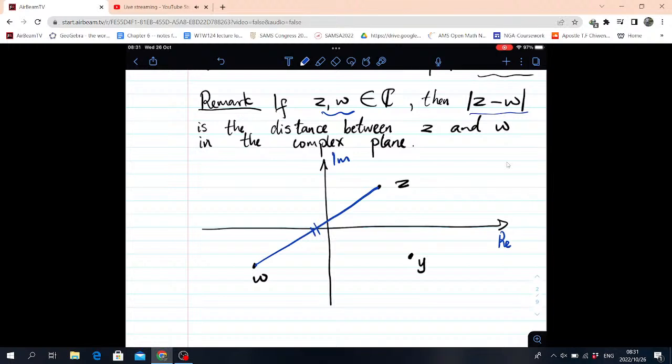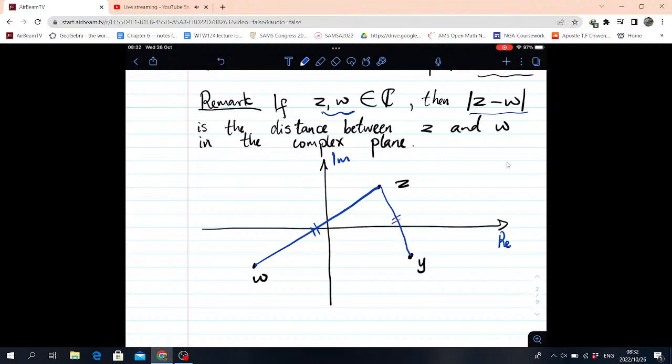And if you find the modulus of z minus y, again, it's the same thing. We are talking about the distance between the two complex numbers.